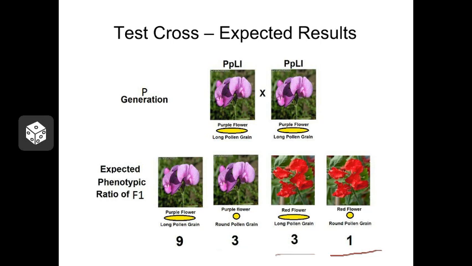However, in nature, this cross mainly produces these two phenotypes, purple with long pollen grains and red with short pollen grains. So we get a lot more of the red with short pollen grains than expected.